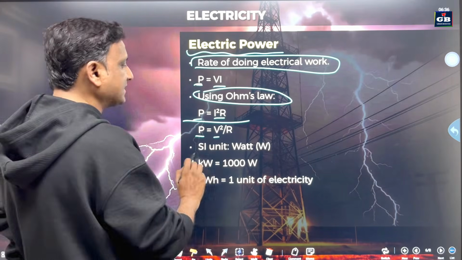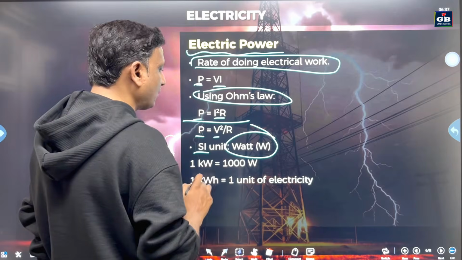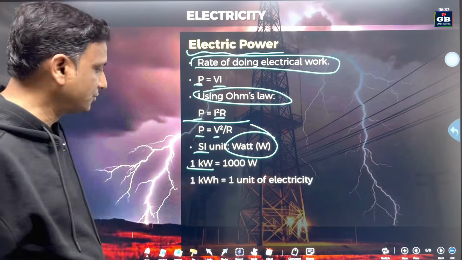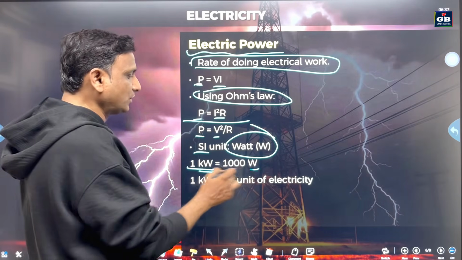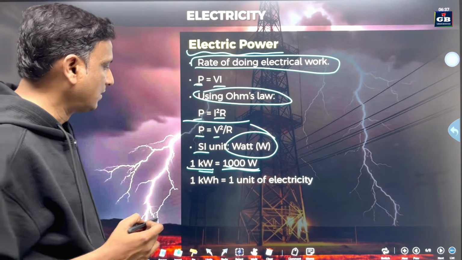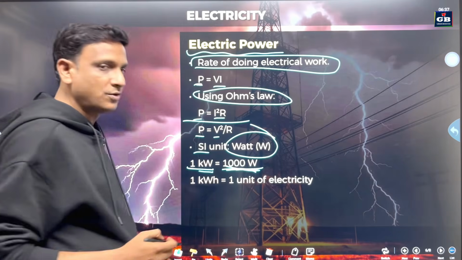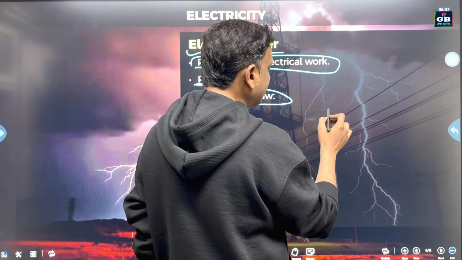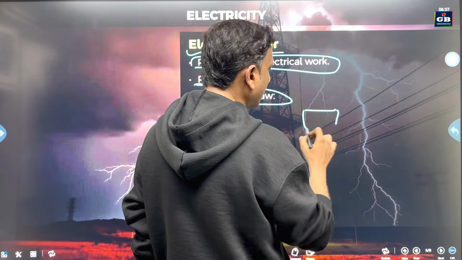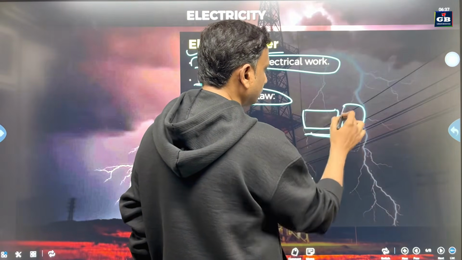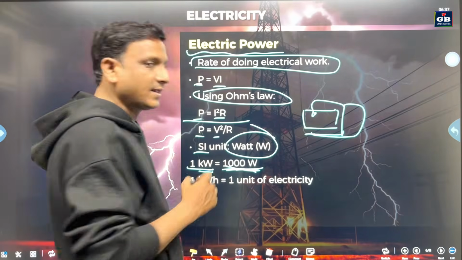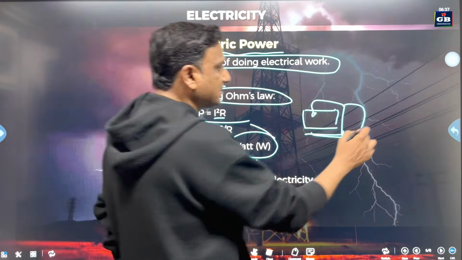So what is the SI unit of the electric power? Watts. 1 kilowatt, how many watts of current is used? 1 kilowatt is equal to 1000 watts. For example, here is an appliance, a mixie or a grinder. You have a grinder. So this grinder, its capacity is 1 kilowatt.